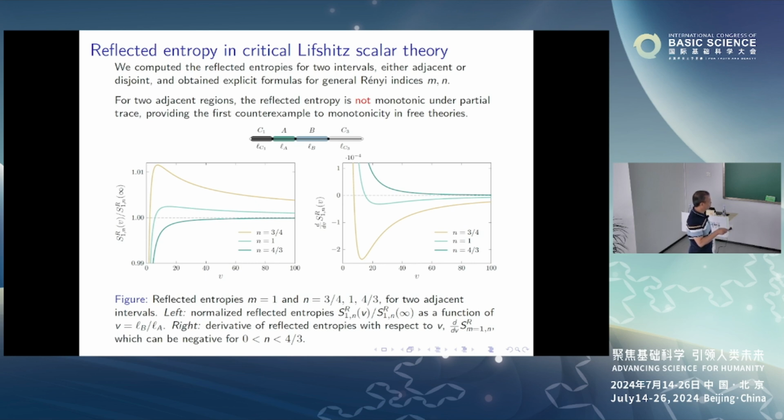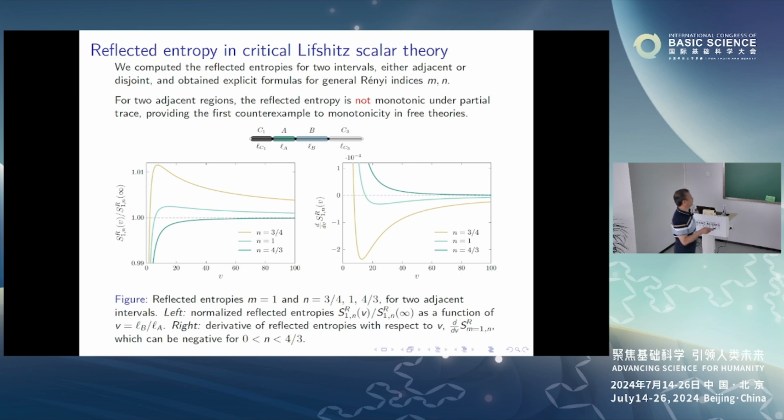And the monotonicity can actually be read from this quantity, where V is the ratio of the lengths L_B and L_A.